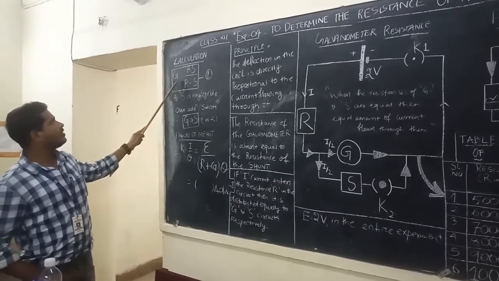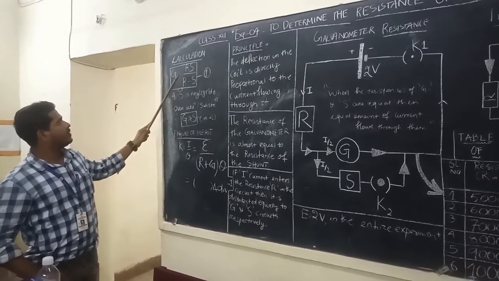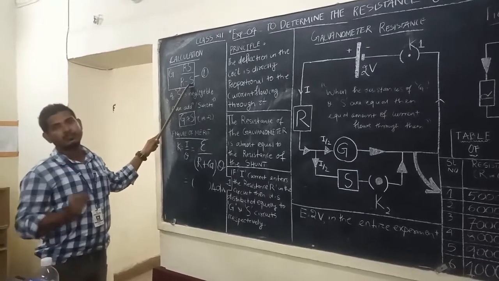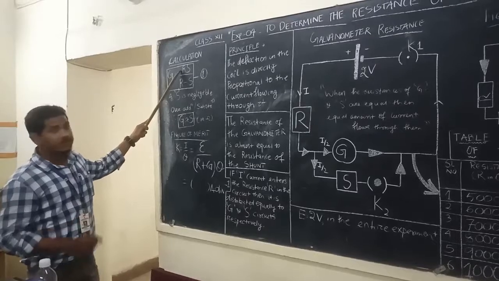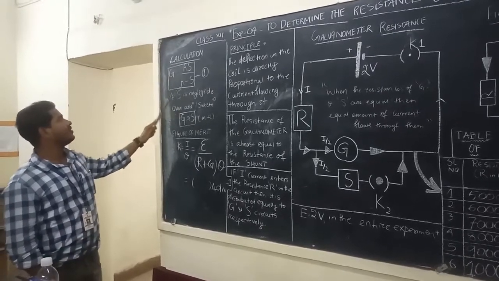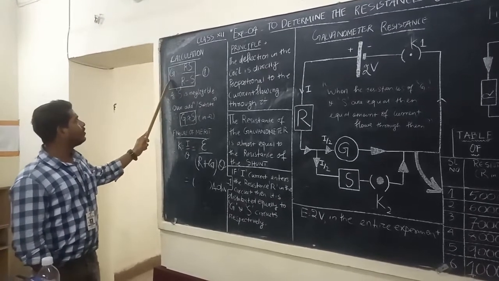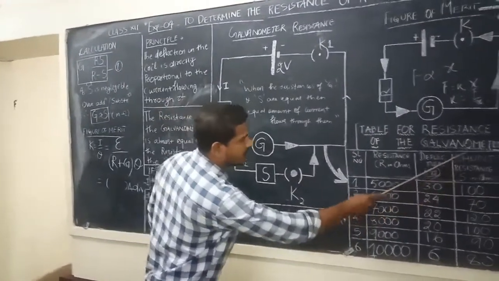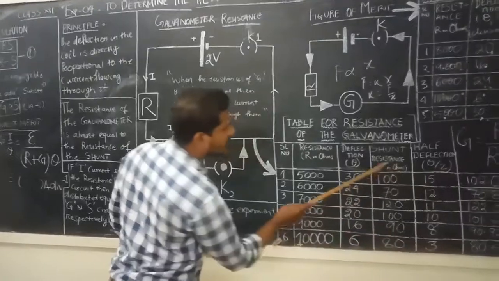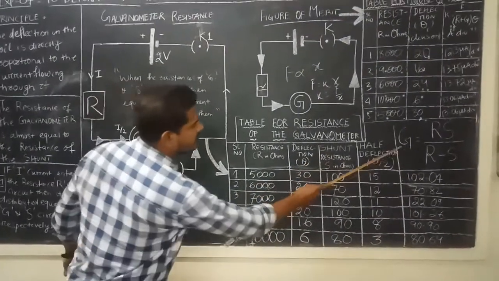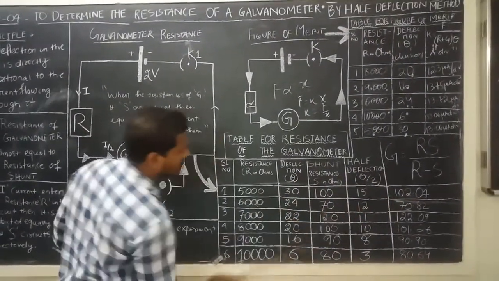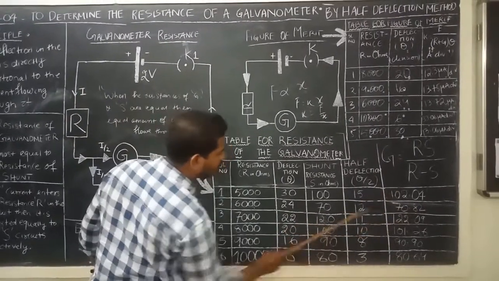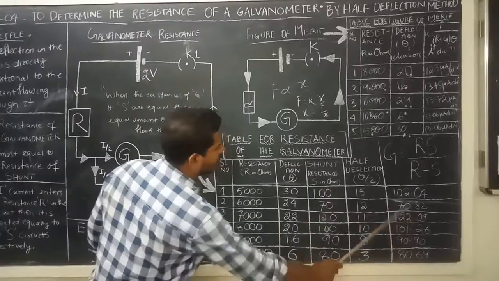The formula is G equal to capital R into S divided by R minus S. Since S is the shunt resistance, which is very negligible in comparison to the resistance R, S is neglected in this equation. So the resistance of the galvanometer will be almost equal to the shunt resistance, as you can see from these two columns. Here the shunt resistance is 100, here G is 102.04; 70, 70.82; 120, 122.09; almost equivalent.